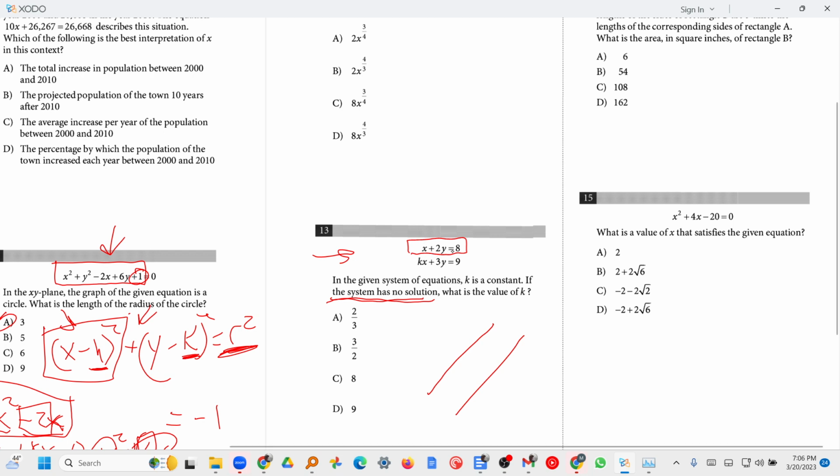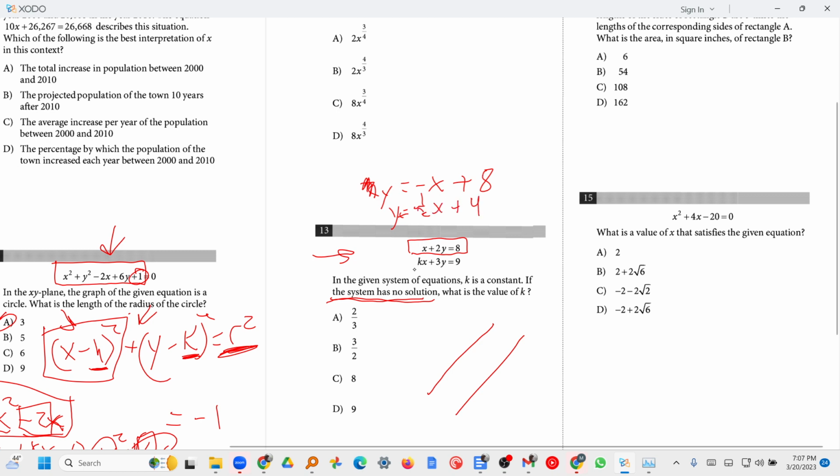So for x plus 2y equals 8, I have to get y by itself. So I'll subtract x from both sides to get 2y equals negative x plus 8. And then I have to divide both sides by 2, which gives me y equals negative 1/2 x plus 4.